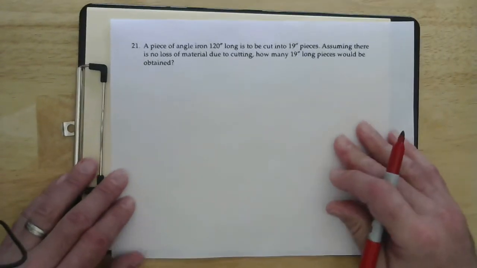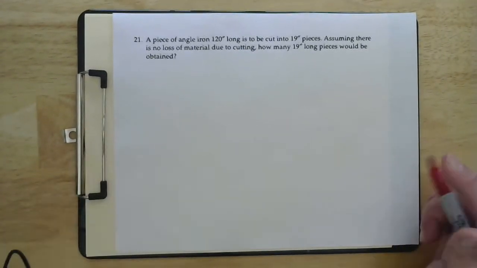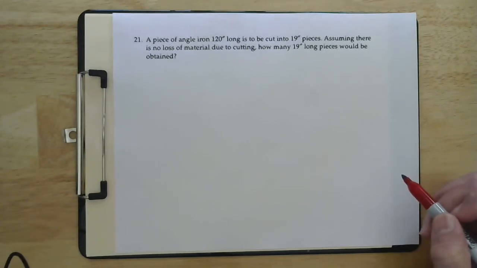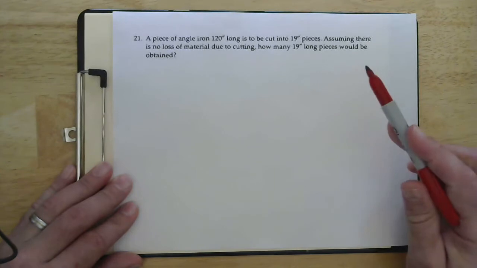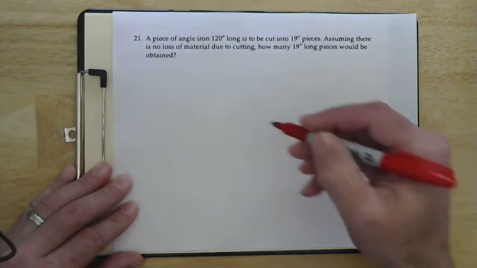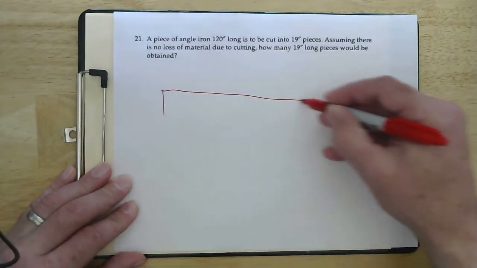Here's another problem that says a piece of angle iron 120 inches long is to be cut into 19-inch pieces. Assuming there's no loss of material due to cutting, how many 19-inch pieces would be obtained? So I'm going to do my sketch.